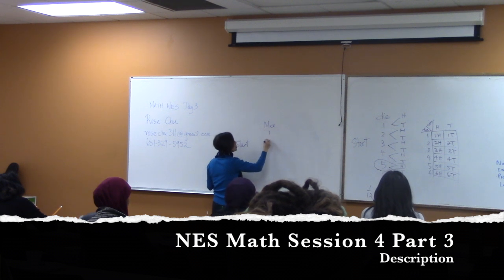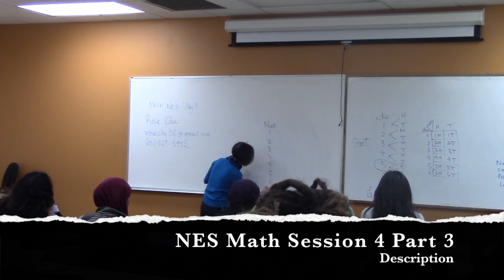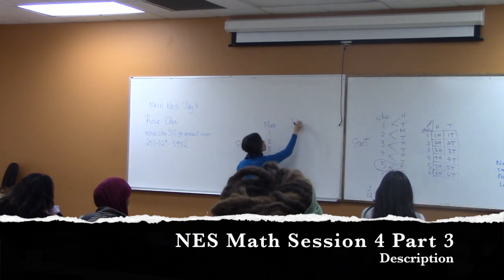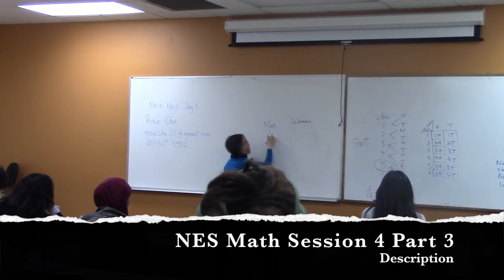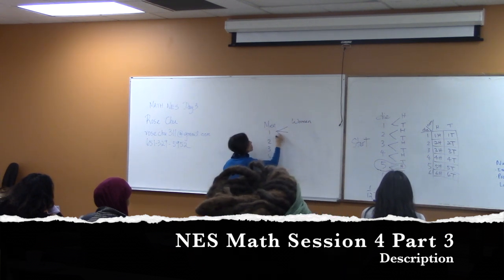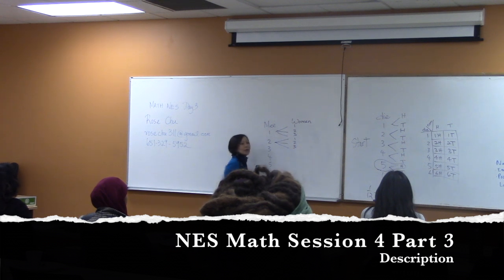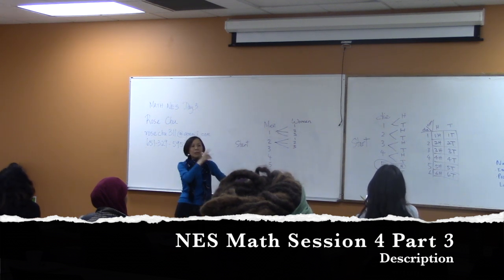Men, there are 1, 2, 3, 4, 5, 6, 7, 8, 9. Then for each man, you can pair with how many women? 3. So if I pick man number 1, I could go 1, 2, 3. For each one here, I could go 1, 2, 3. So without doing it all, how many possibles are there?